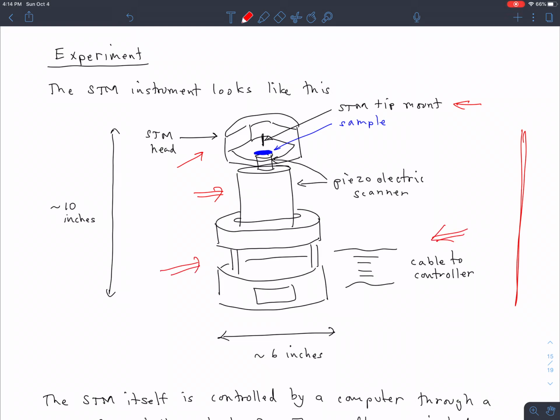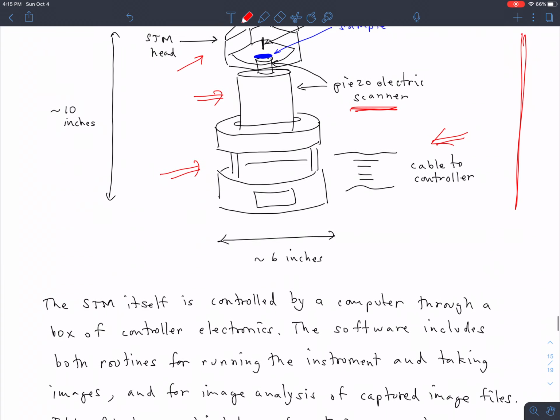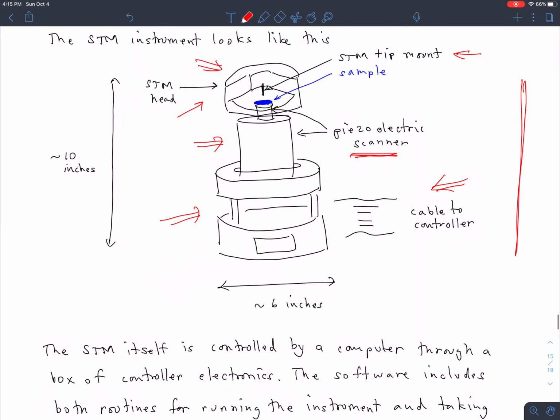The electronics are connected to a computer, which provides the voltages that cause the piezoelectric scanner to wag and to stretch or contract. And then there are also detector electronics up in this head that are measuring the tunneling current that's flowing between the tip and the sample at all points. And the whole thing's pretty small. You can fit this into a good-sized coffee can.